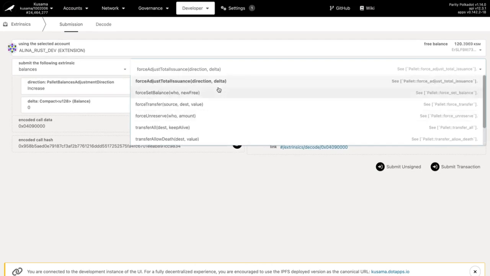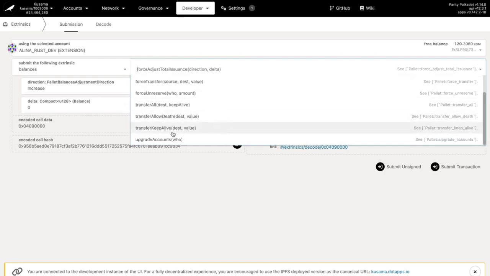There's no burn call here, but there are almost all of them used by Kusama and Polkadot as well. Force adjust total issuance, force set balance, force transfer, force unreserve, transfer all, transfer allow death, transfer keep alive, upgrade accounts.